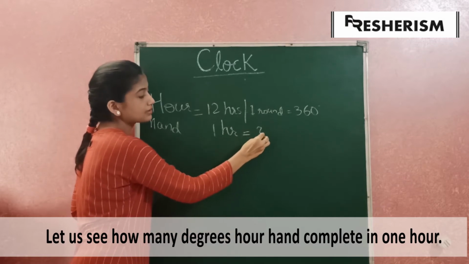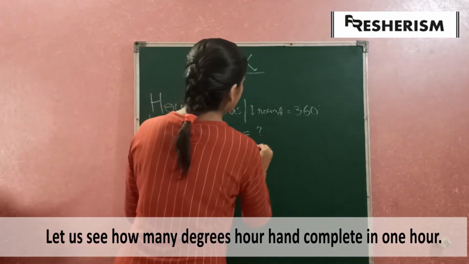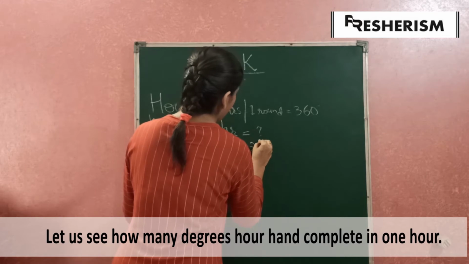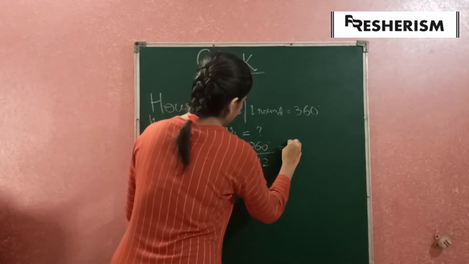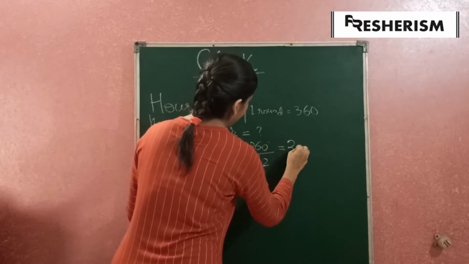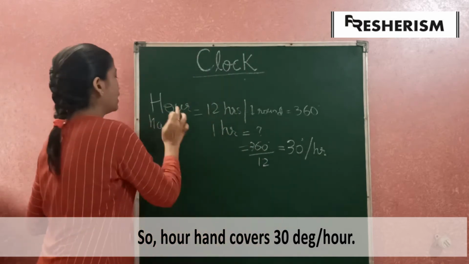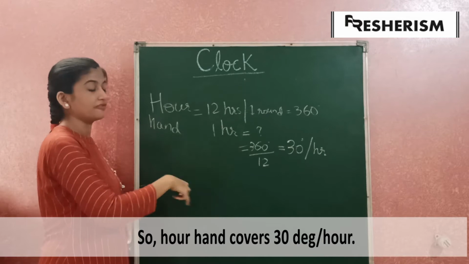Simple, just cross multiplication. In 1 hour it covers 360 divided by 12, so it is 30 degrees per hour.